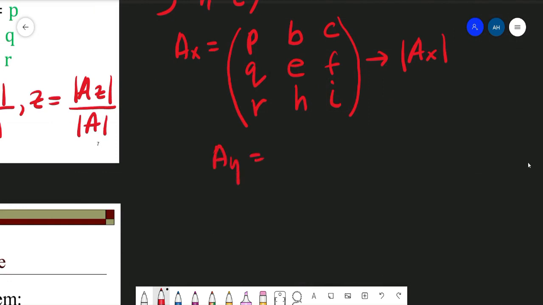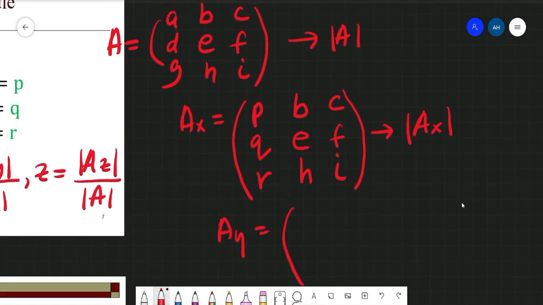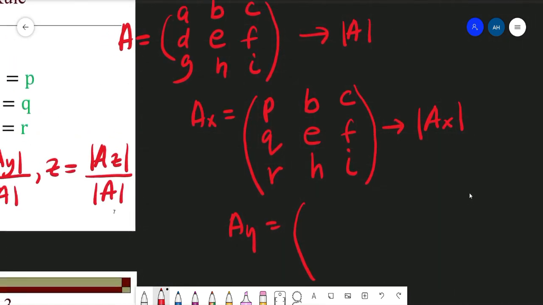Let's see AY. It's like matrix A, but we are going to replace the second column by the right hand side. So we are going to copy like the first matrix A. So we have A, we have D, we have G. Now for the second column, we are going to replace by PQR.